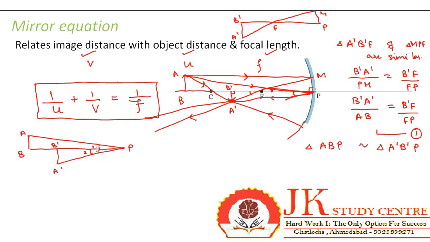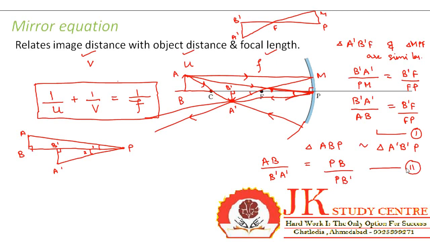So if you compare these two triangles and these two angles are similar, this is 90 degrees, this is 90 degrees, so these angles will also be equal. So by AAA similarity, these two triangles will also be similar. Therefore by property of similarity, in this case also, we can say that AB divided by B'A' is equal to PB divided by PB'.